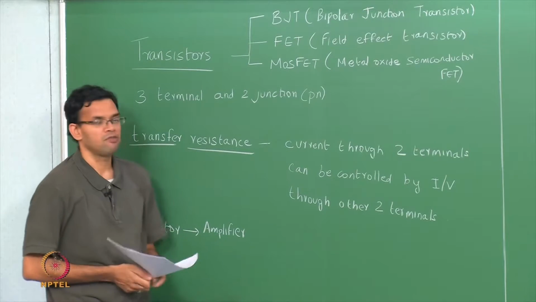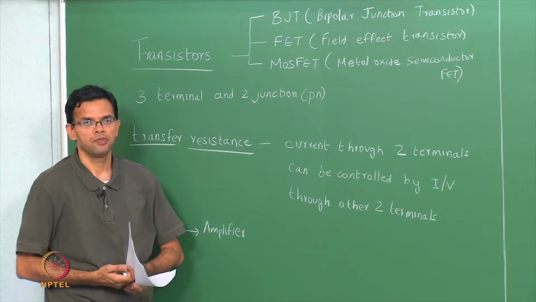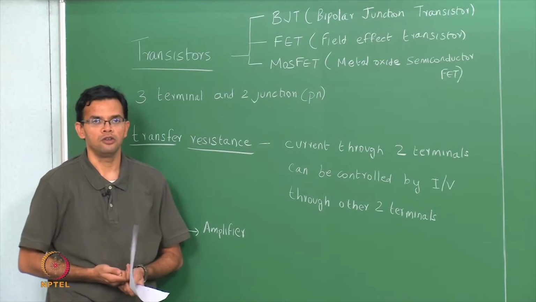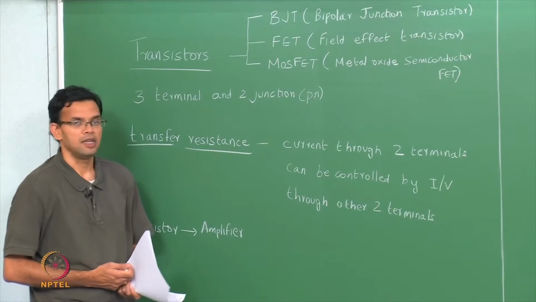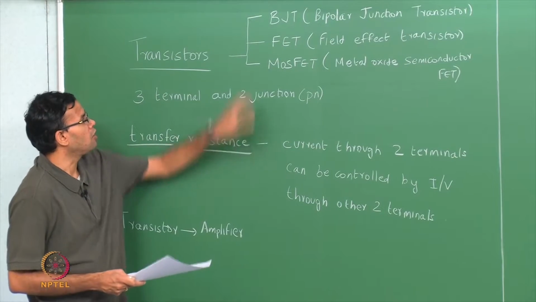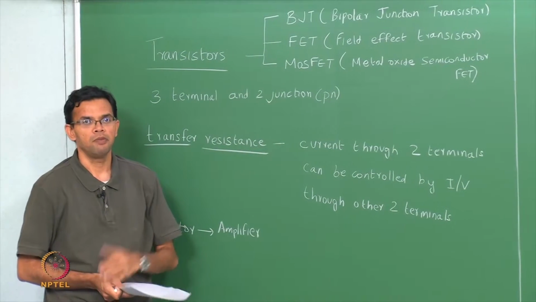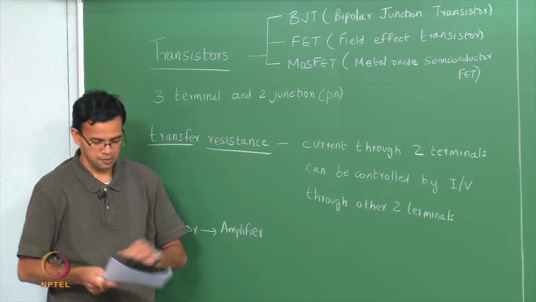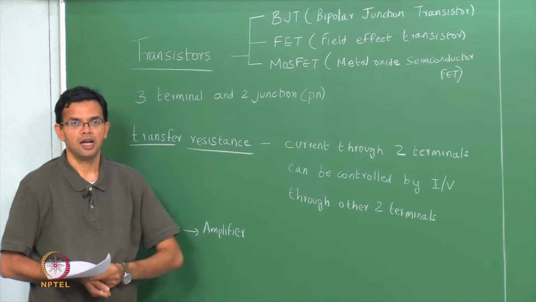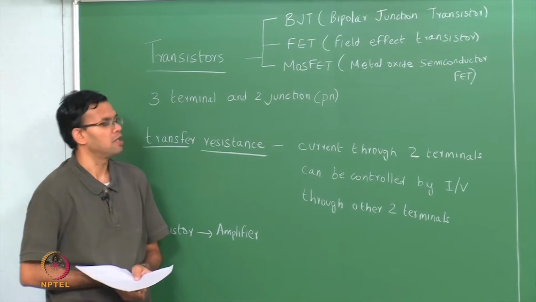We will spend most of the time looking at MOSFETs, because MOSFETs are what are used in the current IC industry, but we will talk about the other two to form the basis of understanding MOSFETs. So, let us start by looking at a bipolar junction transistor.